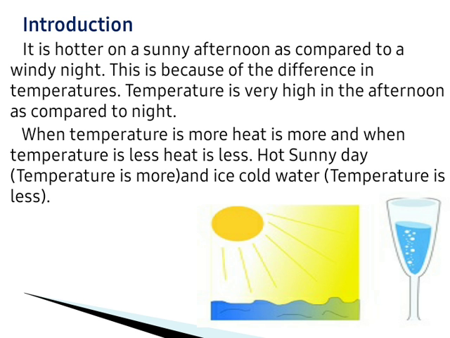In simple terms, you can say that when temperature is more, heat is more, and when temperature is less, heat is less. From the given picture, one indicates temperature is more, it is a hot bright day, and the second one indicates temperature is less. It is cold ice water taken in a glass.